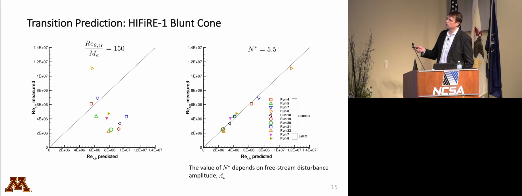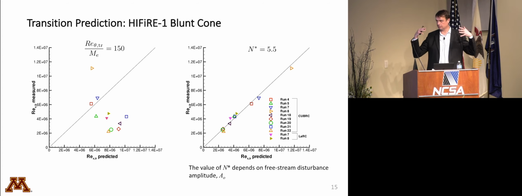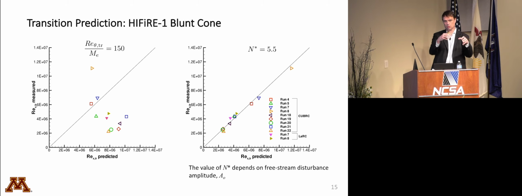Why do we choose a critical N factor of 5.5? Well, the value of N star depends on the free stream disturbance amplitude. If we're testing in a noisy wind tunnel where there's a lot of noise, the boundary layers on the nozzle are turbulent, they're radiating noise onto the model. There's a large background amplitude, A0 is large.